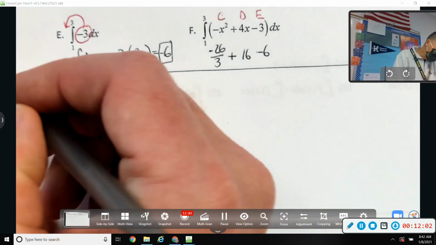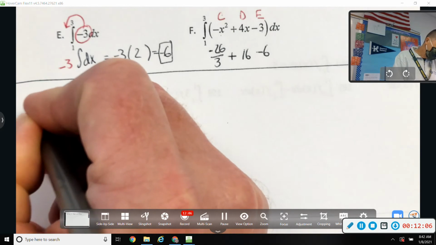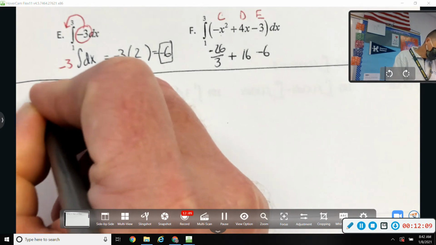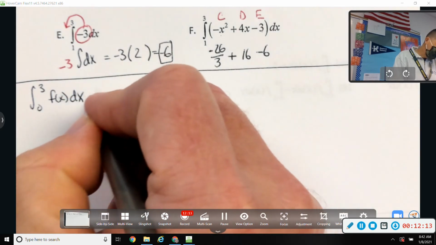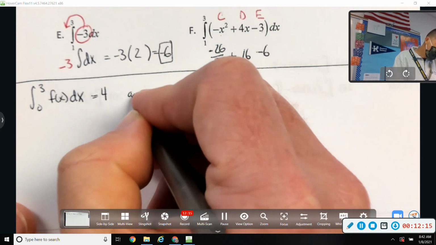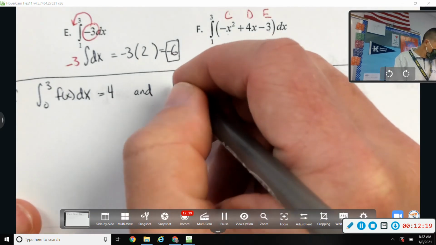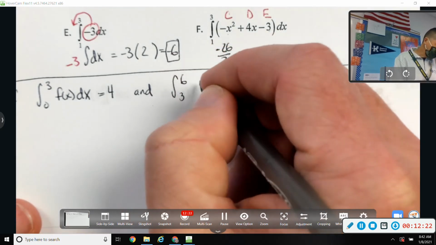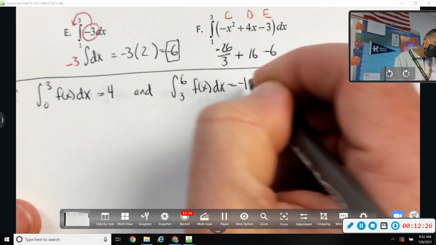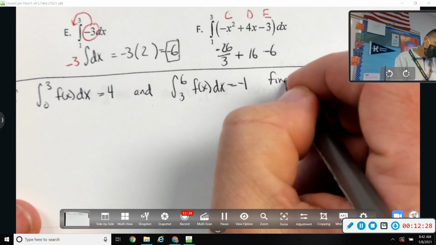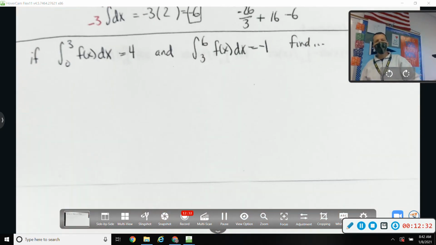All right, a few lines of not provided notes here. If the integral from 0 to 3 of f of x dx equals 4, and the integral from 3 to 6 of f of x dx equals negative 1, find, so it's sort of like what we just did.